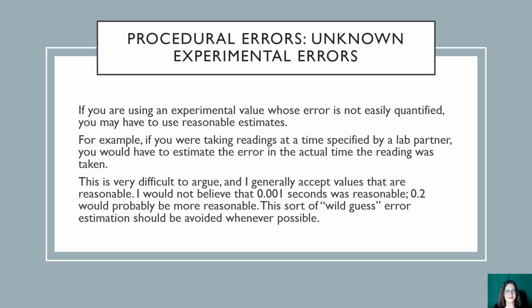One last thing is that sometimes we are going to have to use reasonable estimates for the error. Maybe you are taking readings at a time specified by your lab partner. In one of the experiments that we have done in the past, we were running water through a pump and catching that water, and at a certain time you would shift to a new cup, and your partner tells you to shift.